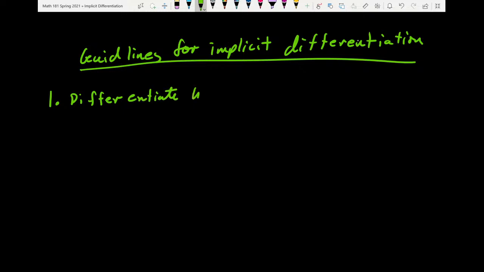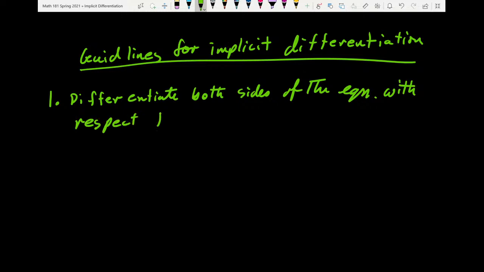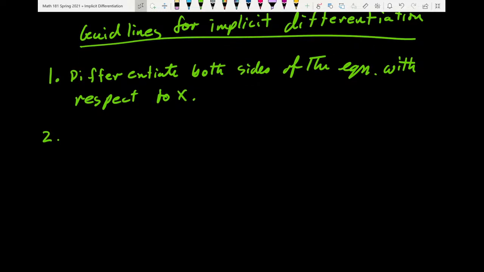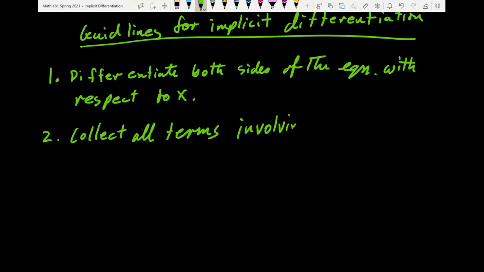Differentiate both sides of the equation with respect to x. Now, collect all terms involving dy/dx on the left side.